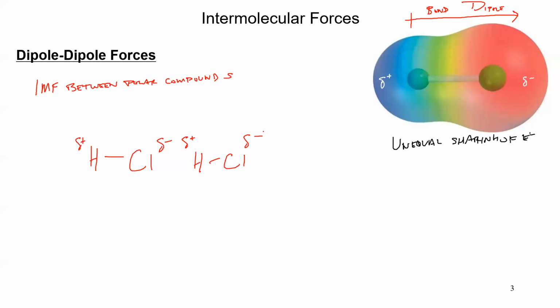This is one of the things that helps keep polar compounds in what we call the condensed phase. Condensed phase is basically not gas. Liquid and solid are both considered condensed phases because they're held together by these intermolecular forces. Once we're in the gas phase, the intermolecular forces don't play a role because the gas molecules are so far apart.